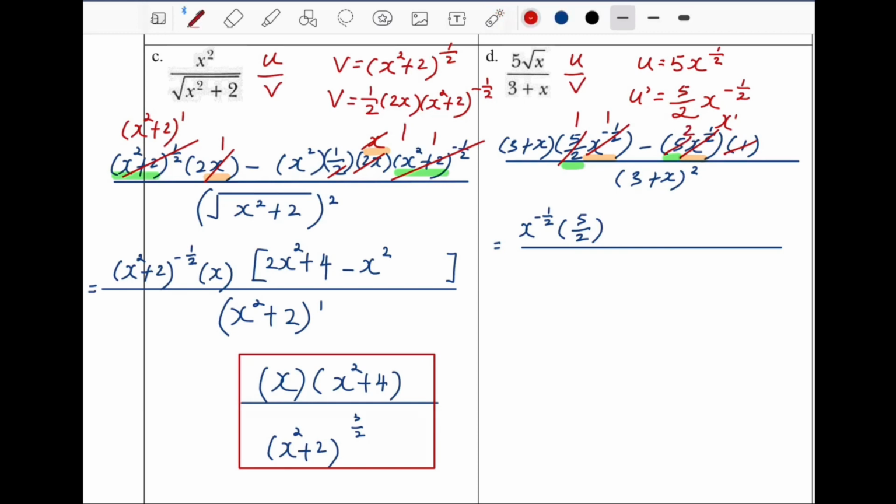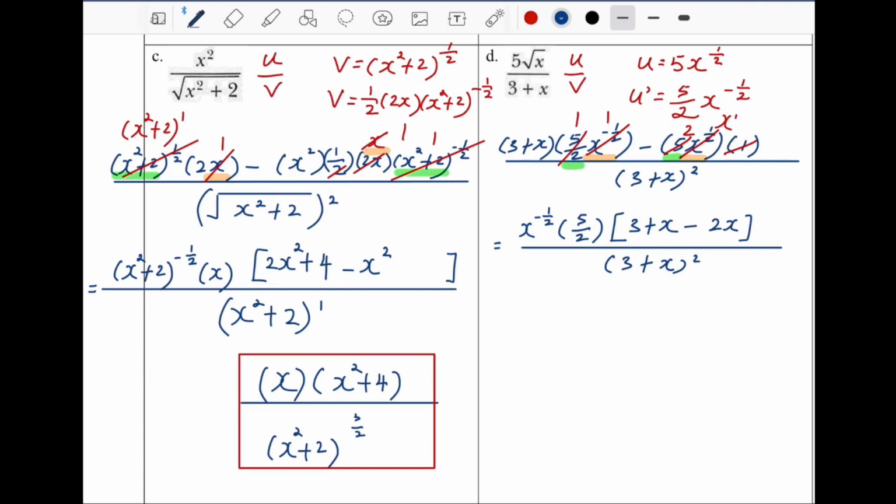Okay, any other common factor? No. Okay, what is left? 1 times 1 times 3 plus x, 3 plus x, minus 2 times x power 1, 2x. Okay, nothing. 2x. Denominator, keep remaining, nothing you can do.